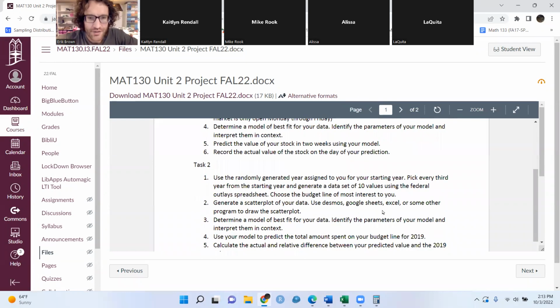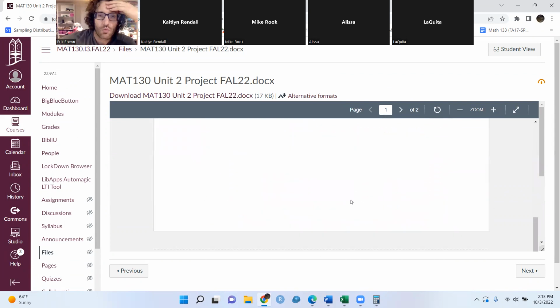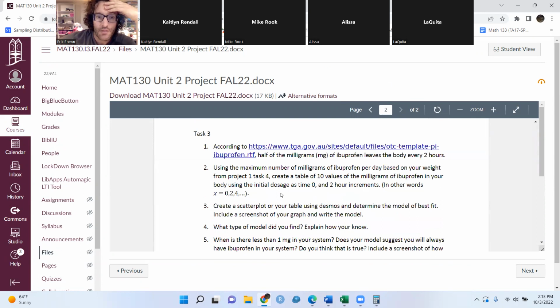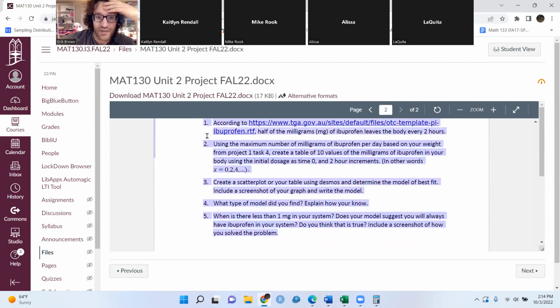We're really not ready to do much with project 2 yet because it's all a modeling project. Once we get through 2.5, I think we'll come back and talk about this a little bit. You could look at task 3 though, and you could do task 3. So that's one thing you could start with.